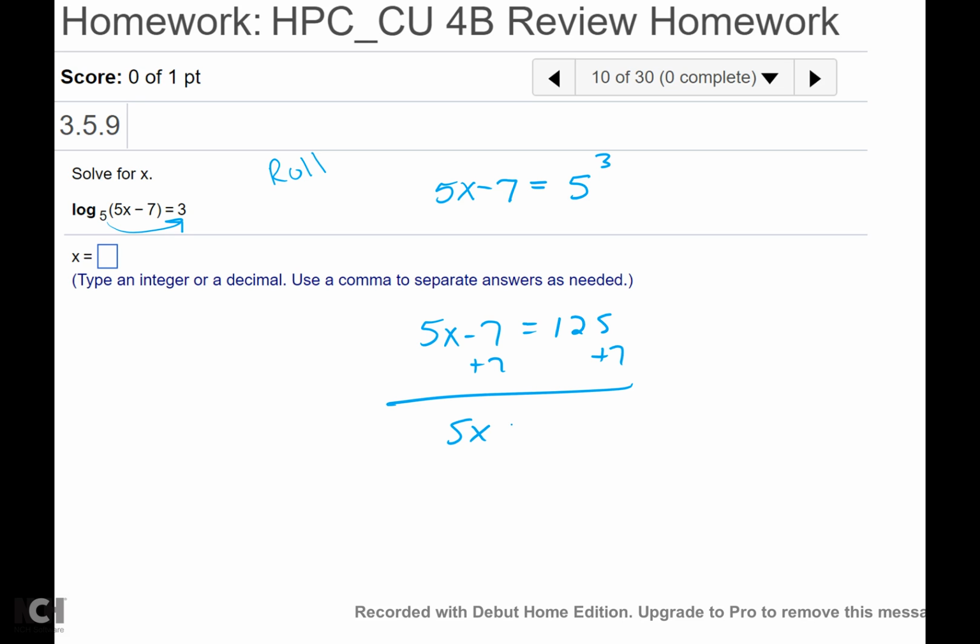I get 5x equals 132. Divide by 5, and x equals, it says type an integer if it came out whole or decimal. This isn't going to come out whole, so I take 132 divided by 5, and I get 26.4.